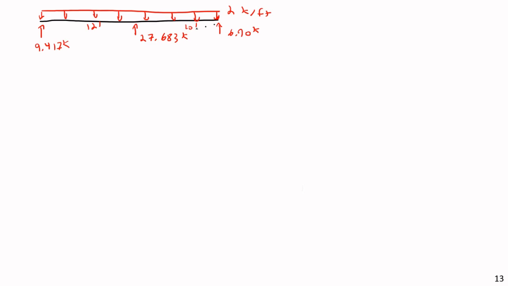If you wanted to check it, you could, but on a longer span it's pretty intuitive that there's really no way the max deflection is going to be in the shorter span. The max deflection has to be somewhere in the longest span, especially because the load was uniform. If this was a non-uniform load, then we wouldn't be able to make that assumption, but because it is a uniform load, the max deflection will be somewhere in the left span.